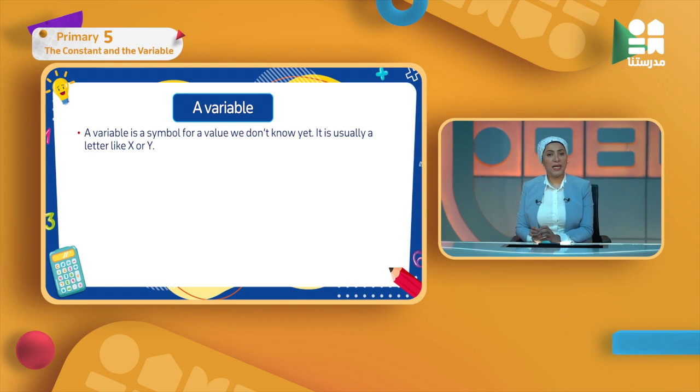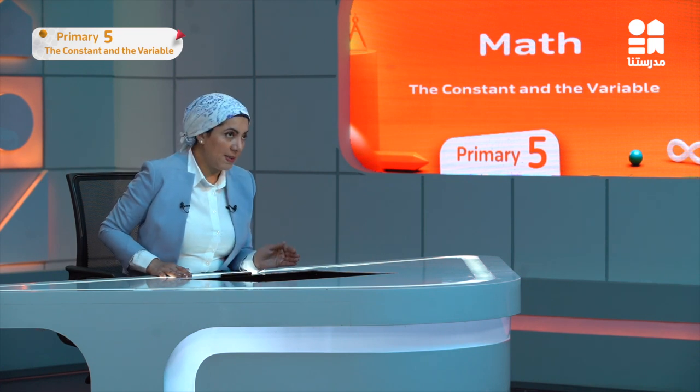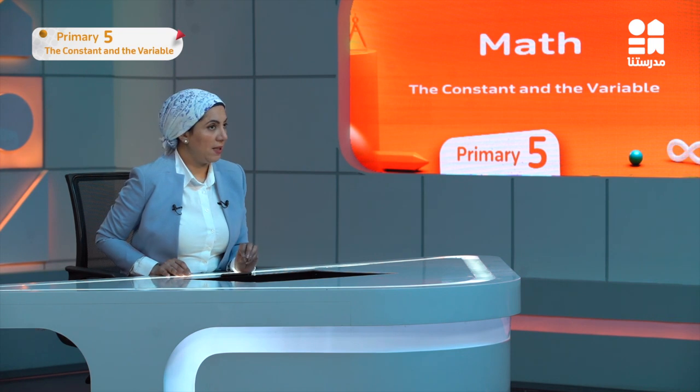It is usually a letter like X or Y. As we said, when I have an unknown value, I usually refer to it with a symbol which is mainly a letter like X, Y, Z, L, A, B, whatever. Okay? So variable is the opposite of constant. Constant is fixed, variable is changing.